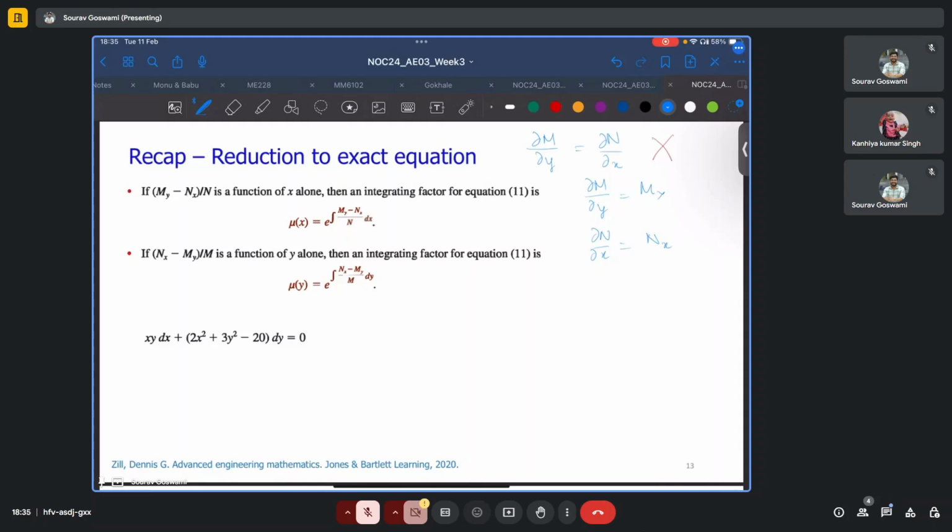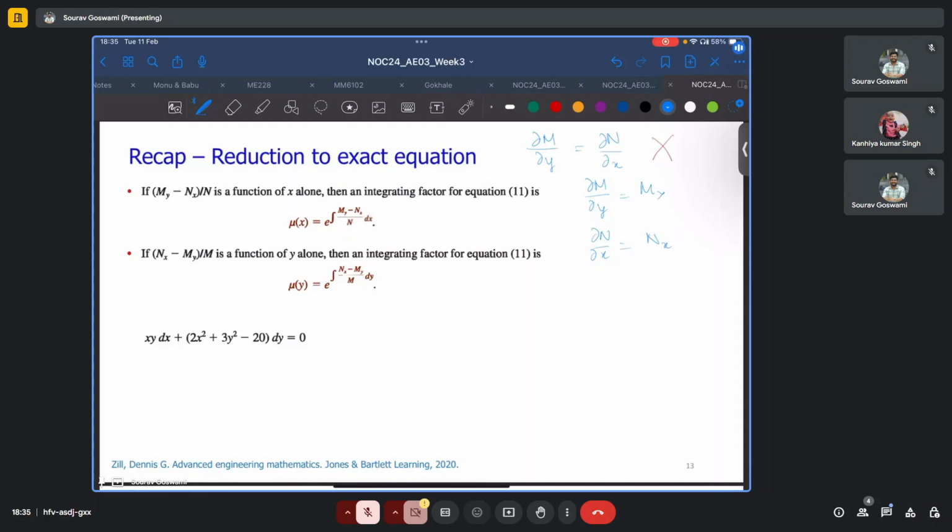On the other hand, if (Nx minus My) by M is a function of y alone, then an integrating factor for this equation becomes e power integral (Nx minus My) by M dy.